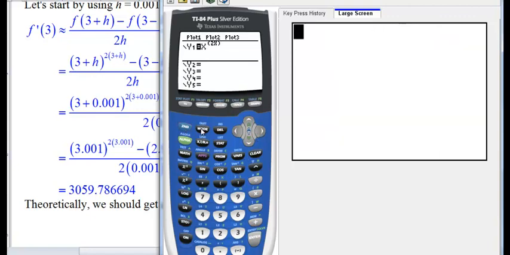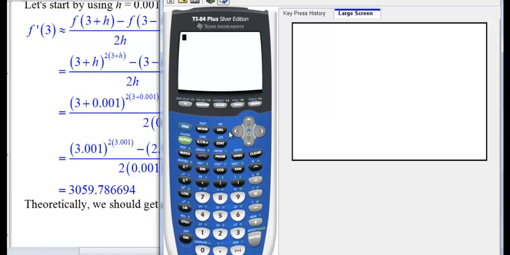And quit. Now, one thing I want you to notice is that the TI84 calculator has the ability to, or all the TI calculators really, use basically function notation, at least all the graphing calculators. So if I do y1 of a number, I get the output.